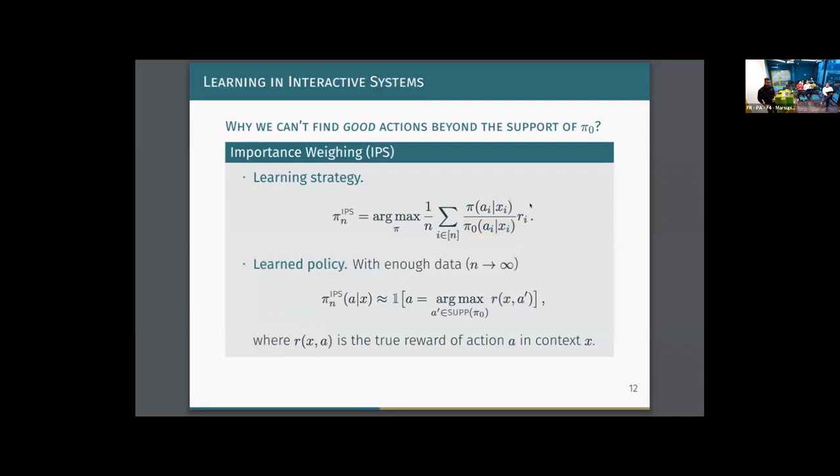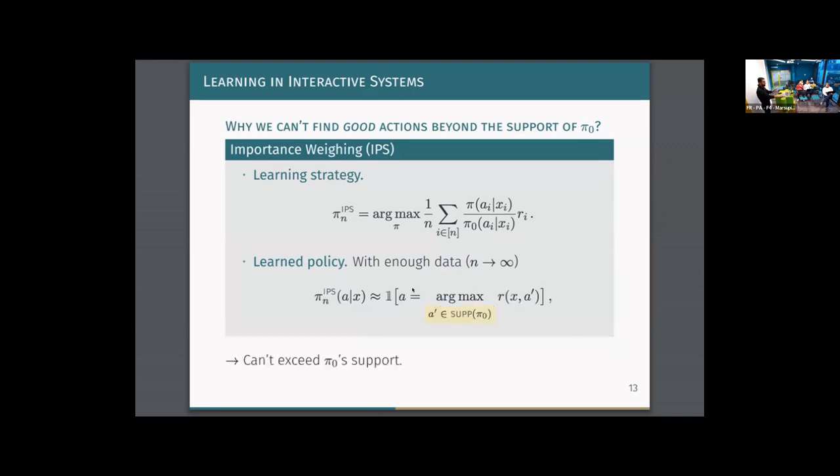The problem is that we can prove theoretically that when we do that, we converge to a policy that, sorry for the math, takes the current recommender system, which chooses iPhone 15 with probability 0.7 and Samsung with probability 0.3. What this does is that it will put all the mass on iPhone 15. So it will take the best action in the support of the current recommender system and give it all the weight. We won't do any exploration.